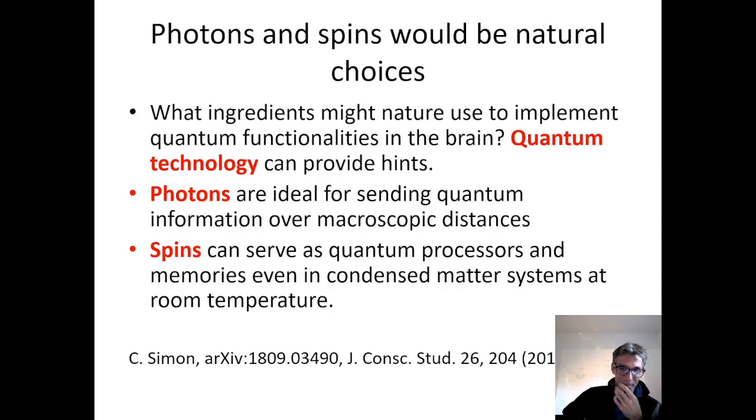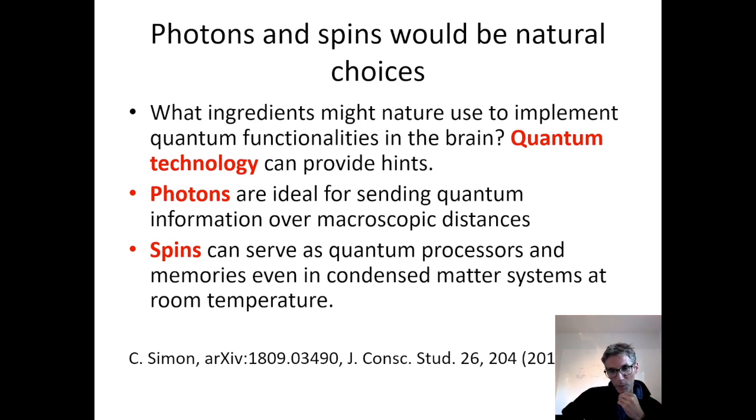Now, suppose that we are looking for quantum effects in the brain. How could that work? How could they be implemented? What ingredients might nature use to implement such quantum functionalities in the brain? And there we can take inspiration from quantum technology. We know from quantum engineering that photons are ideal systems for sending quantum information over macroscopic distances.